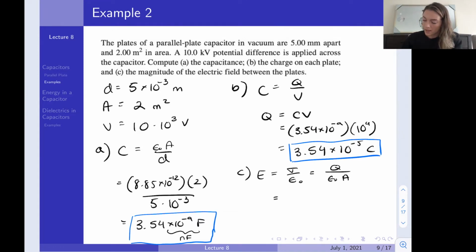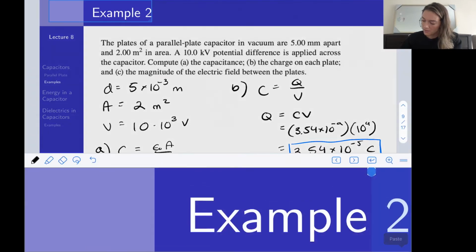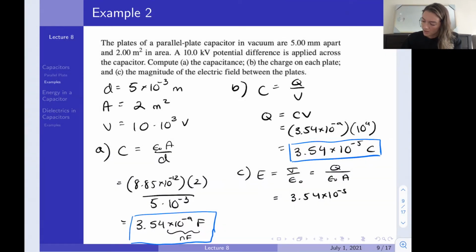Our charge is 3.54 times 10 to the negative 5, divided by 8.85 times 10 to the negative 12, and then the area of our plates was 2 meters squared. And we get our electric field is 2 times 10 to the 6 newtons per coulomb. So this is our electric field between the plates.